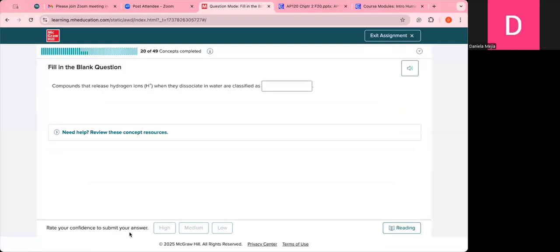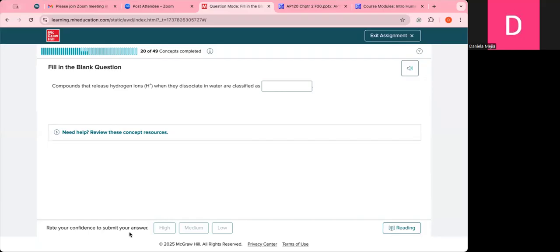Compounds that release hydrogen ions when they dissociate in water are classified as what? So what do we call those things that release hydrogen? Would it be covalent bonds? This time we're looking for, that's the bond, but this time we're looking for the compound itself.